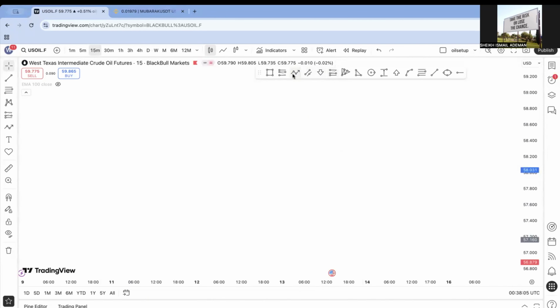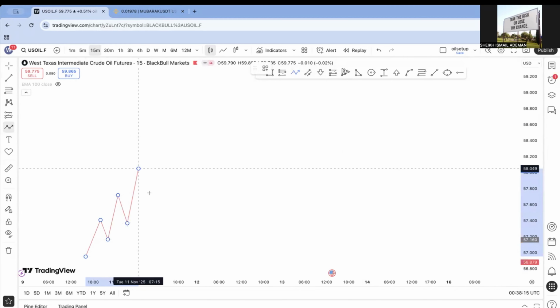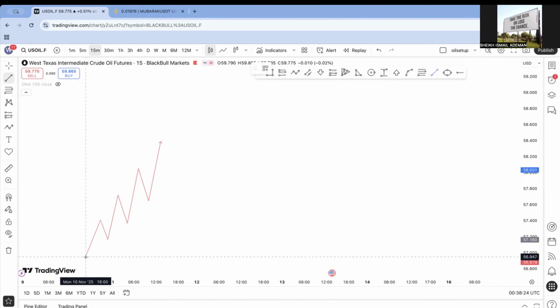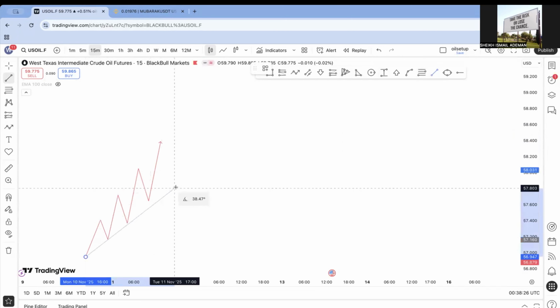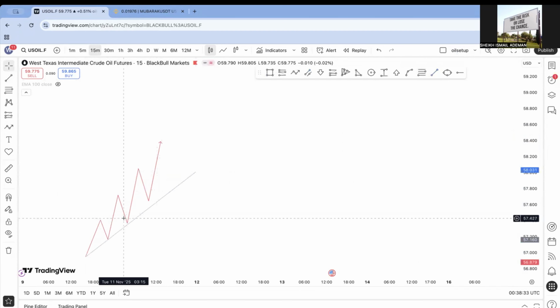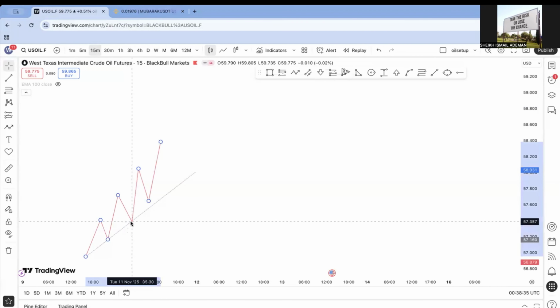Okay, so let's say price gives us a higher high, higher low, higher high, higher low, higher high, higher low, and we draw our trend line connecting all the levels, so we can join the trend.